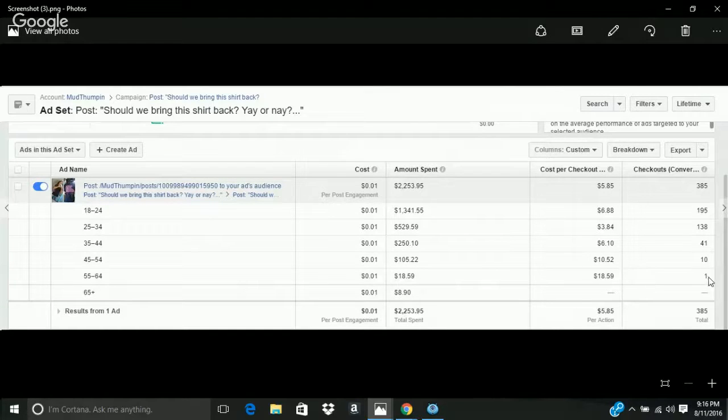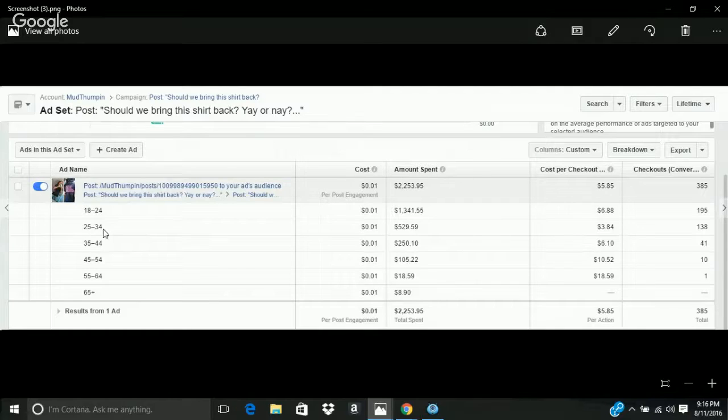You only got one order from there. Those people are not interested in this ad. So you trim the fat and you get rid of that one right there. And then 45 to 54 is kind of expensive too, but I'm still making money off of that. So I'm going to keep on letting that run, right?